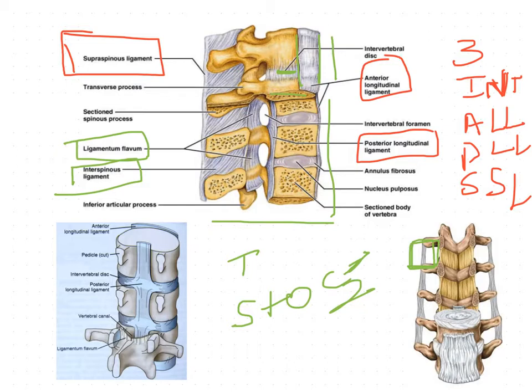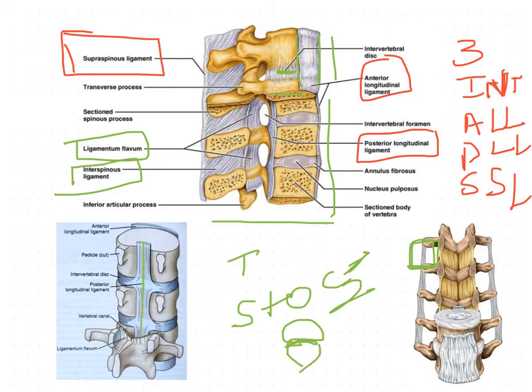Now we'll move on to the posterior longitudinal ligament. The posterior longitudinal ligament runs within the vertebral canal. So in the previous slide I have shown the vertebrae, and this one is the posterior part of the vertebral body, but it is taking part in the formation of the vertebral canal.